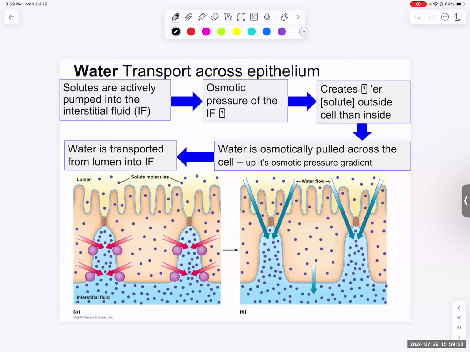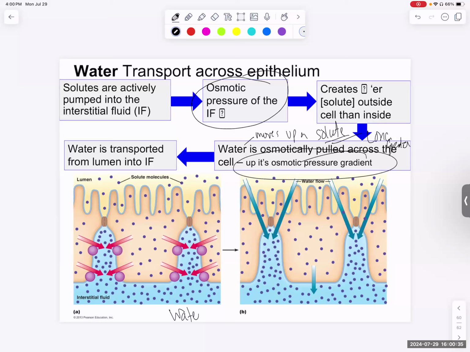And then water is going to require aquaporins, and the osmotic pressure of the interstitial fluid is going to determine which way the water is going to move, right? So water always moves up the osmotic pressure gradient, or another way to say it is water moves up a solute concentration gradient.